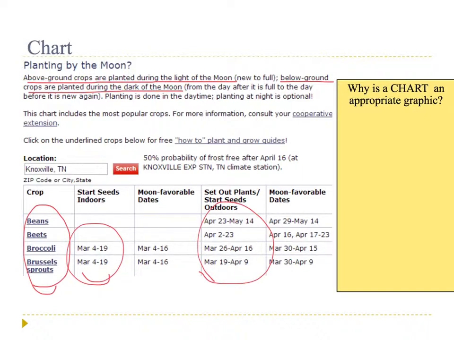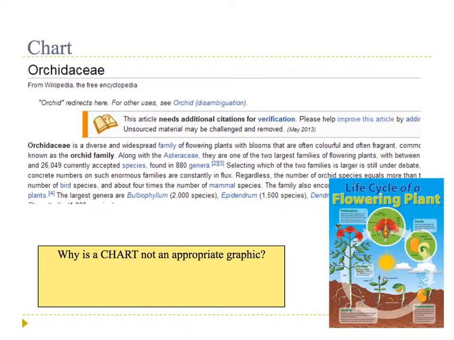Okay, great. So we're going to go on to our next one now, and we're going to look at why a chart would not be an appropriate graphic. Why is this chart not an appropriate graphic for this text? Here we have a text that's talking about Orchidaceae, which is part of the orchid family.